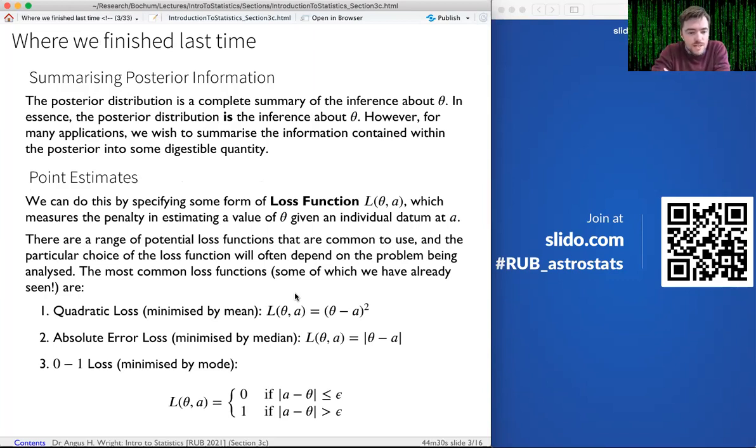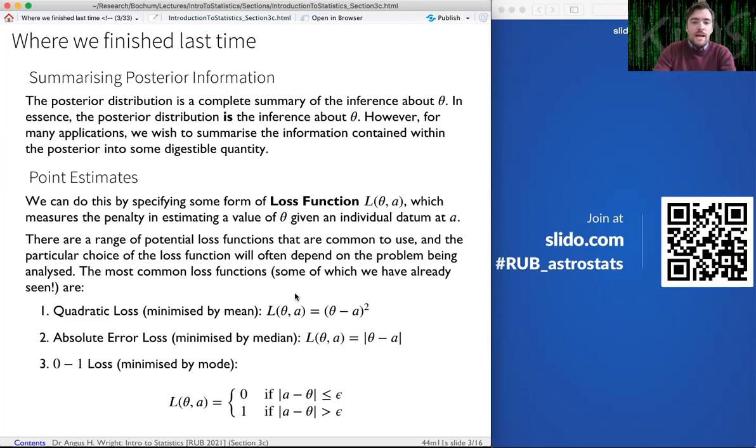However, we said that often, people don't think in terms of entire distributions. They like to have numbers that they can summarize distributions with. And so that generally led us to the concept of summarizing posterior distributions using things like point estimates.